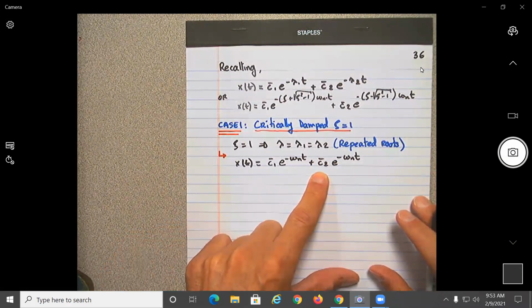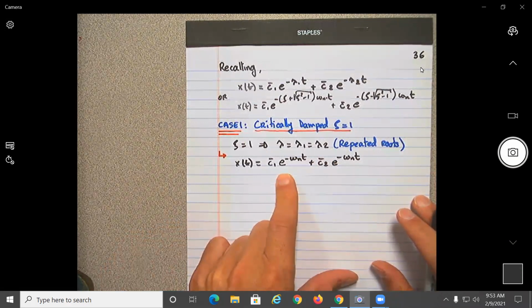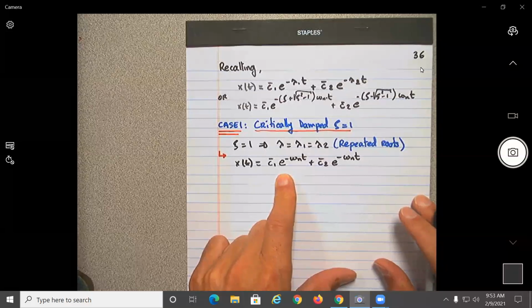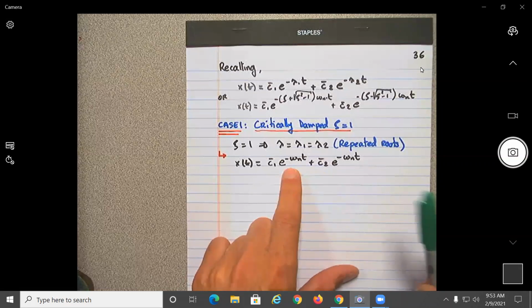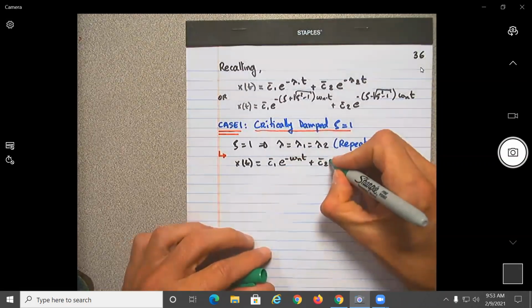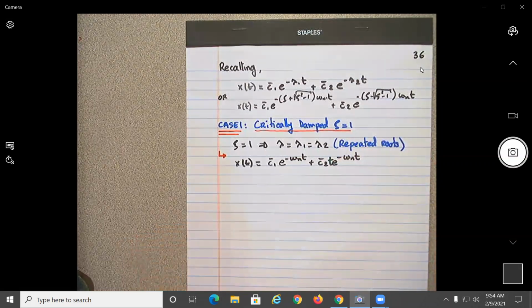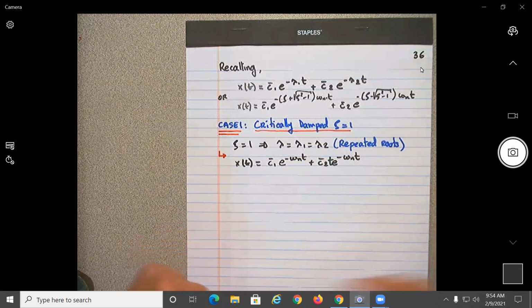So be careful here, because when there are repeated roots, what happens? Can you do this? When you have repeated roots, if you remember from differential equations, what you need to do is add to the second solution the variable t. That's because of repeated roots. That's the solution.